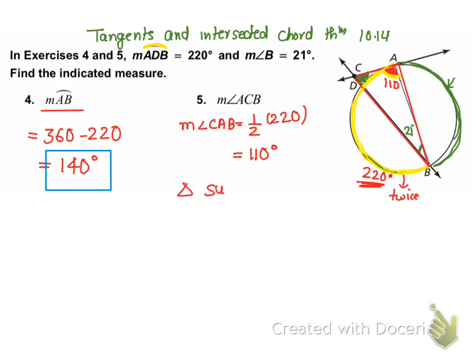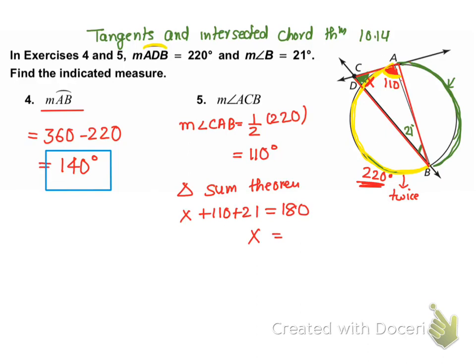If that angle is not given here, just assume, I like to assume it to be x. So x plus 110 plus 21 is 180. Just add 110 and 21.